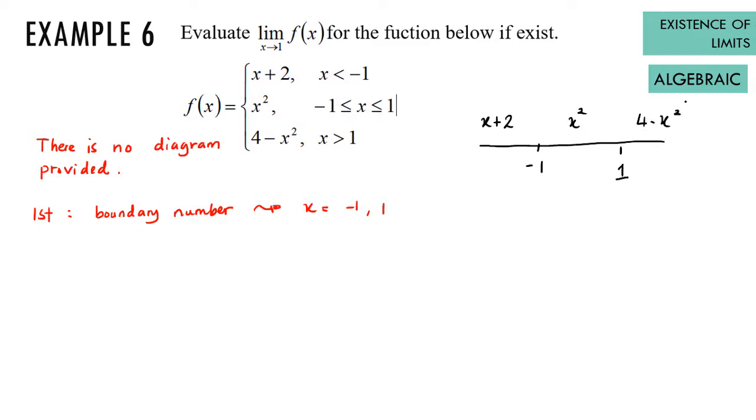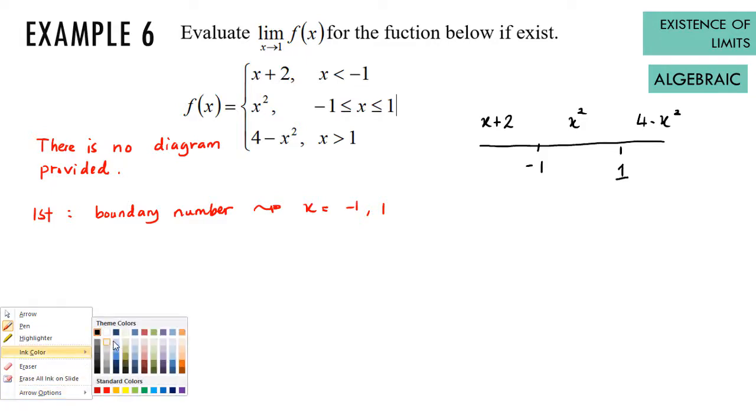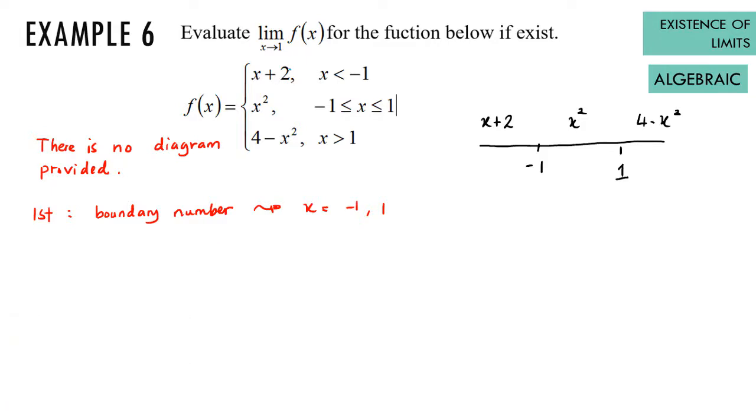After we identify the corresponding functions, please look at the question. The question asks us to evaluate the limit when x approaches 1. This means that the two functions, x squared and 4 minus x squared, are related. We start from the left side limit.